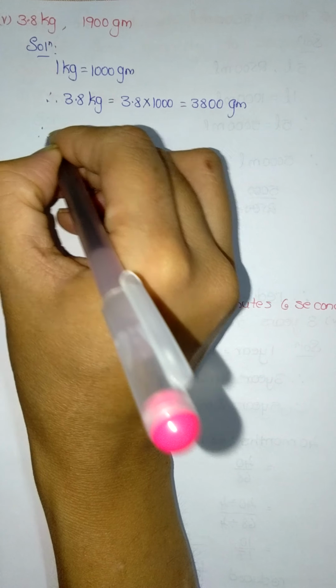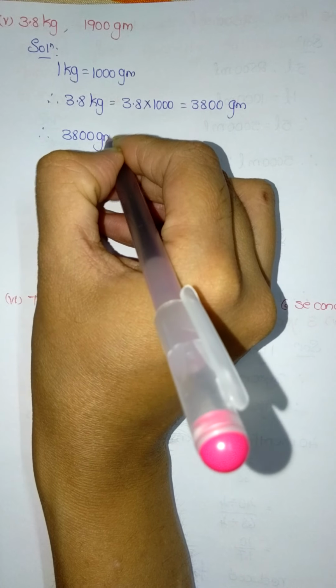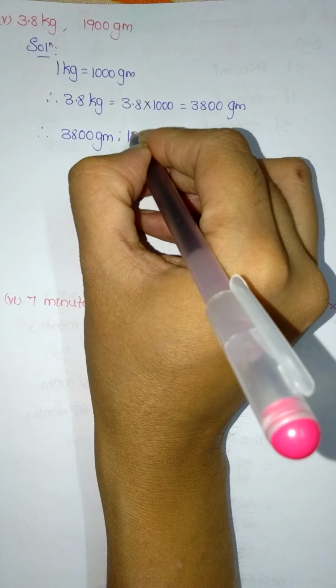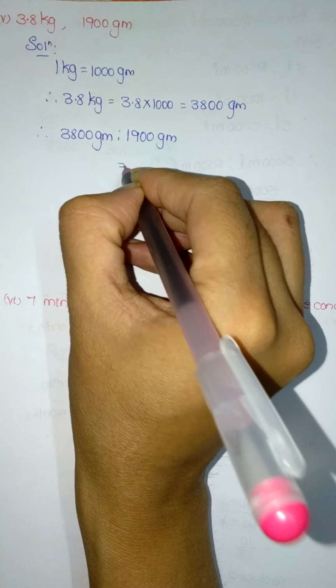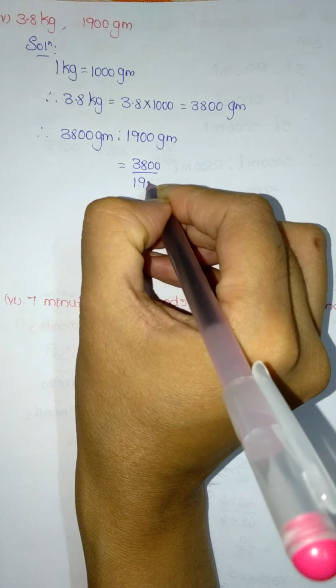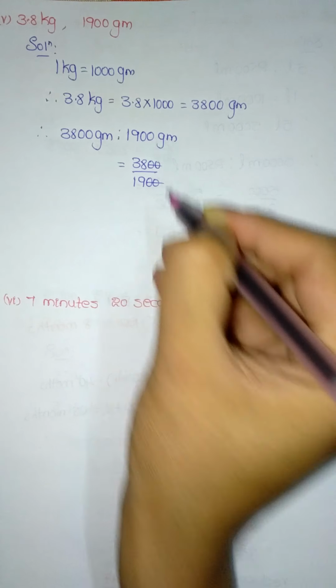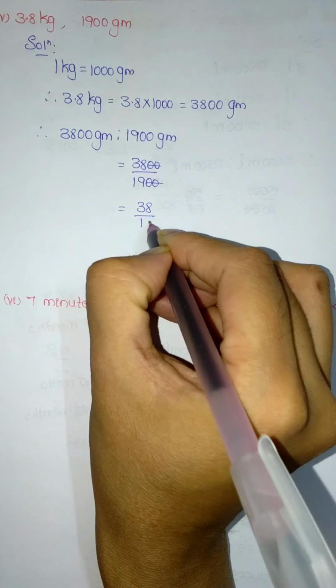Therefore we can write this question as 3800 gram to the ratio 1900 gram. So we can write it as 3800 by 1900. So cancel these two zeros. Now 38 by 19.